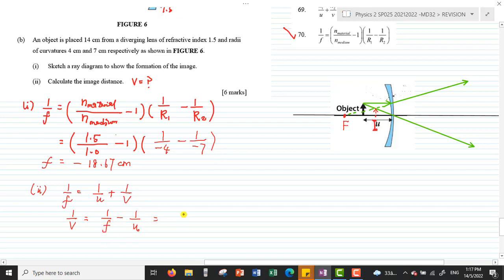Putting in the values, our focal length is negative 18.67, minus 1 over our object distance, which is 14 cm. Then we do our calculation and we get the image distance of negative 8 centimeters. Okay, now we have solved question B.